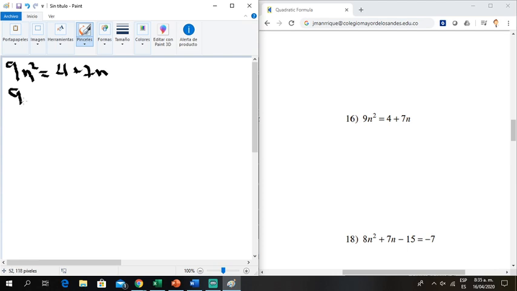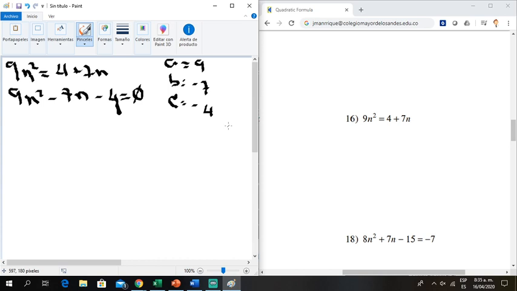So we have 9n squared minus 7n minus 4 equals 0. Now we have to identify A, B, and C. In this case, A is 9, B is minus 7, and C is minus 4.